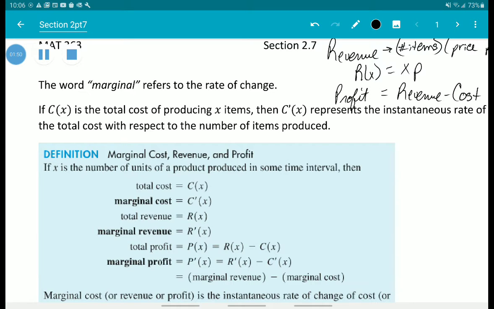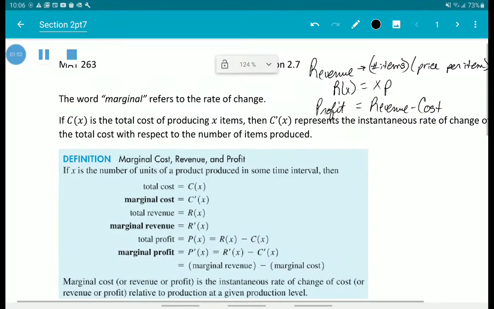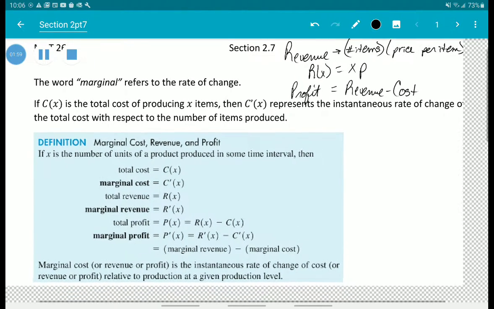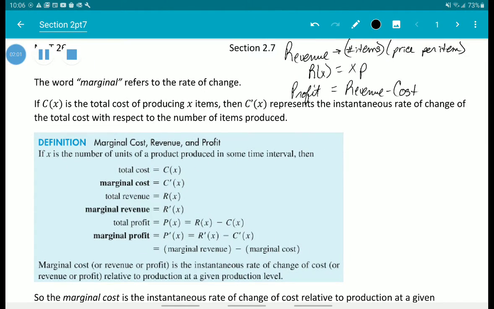So I'm just going to talk about the cost equation, but this same concept is going to work for revenue and profit as well. So let's say we have a cost equation C of X, and we want to figure out what marginal cost is. Well, first off, anytime you hear the word marginal, I want you to think about rate of change. And rate of change we can find by taking a derivative if we're looking for an instantaneous rate of change.